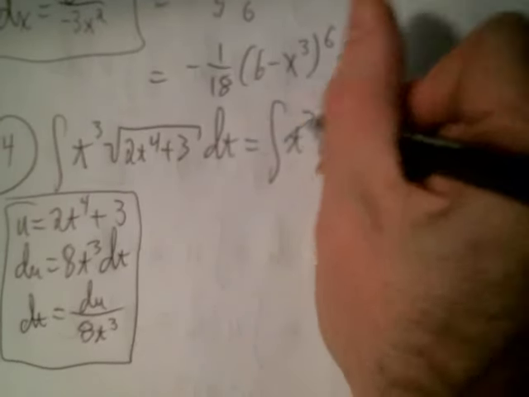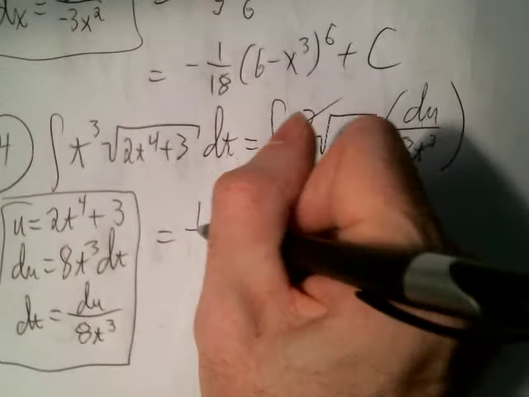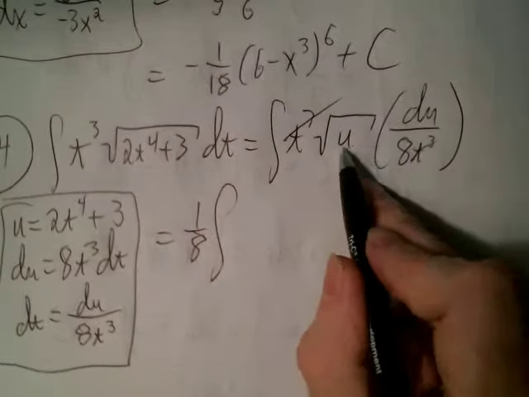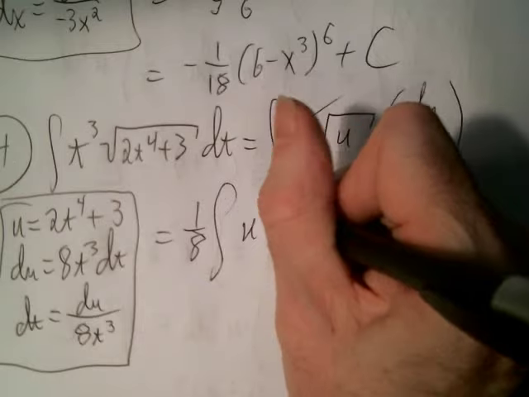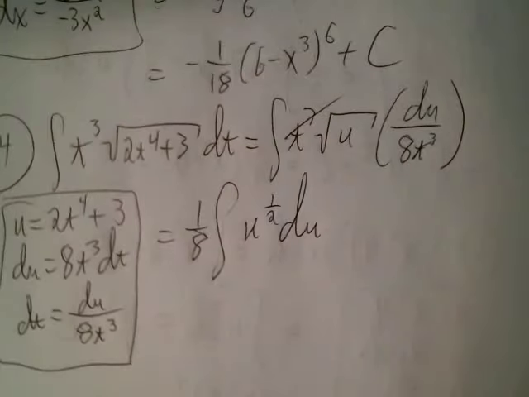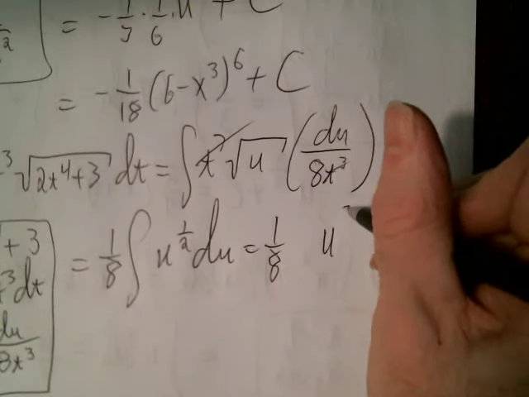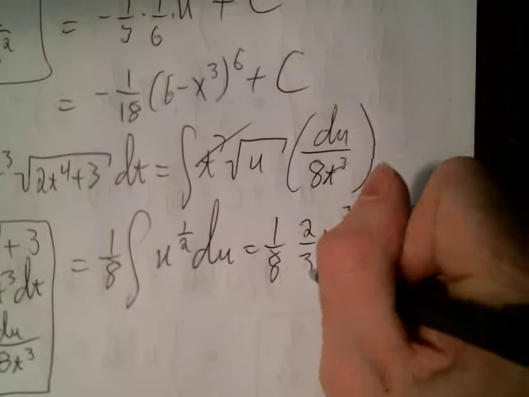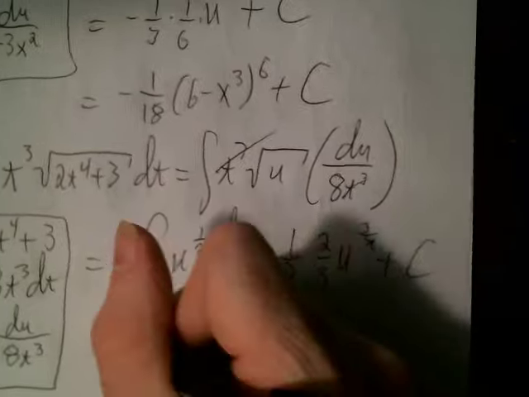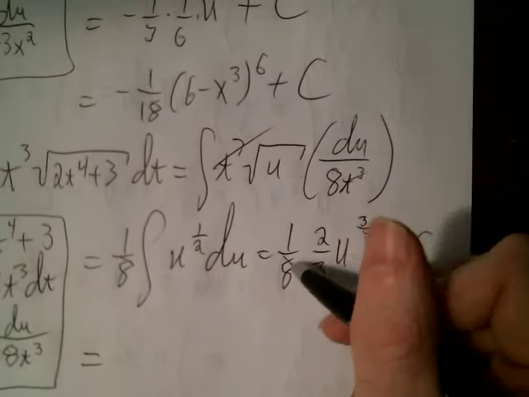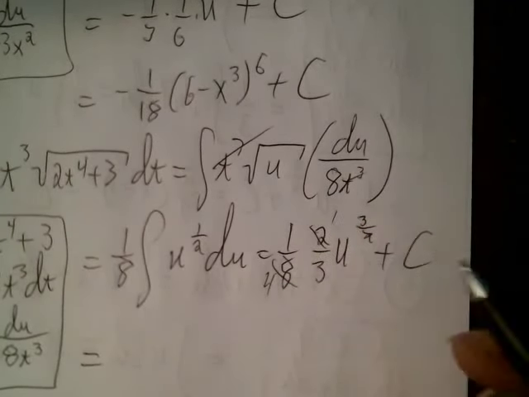So the t cubes will cancel out. I have a constant of 1/8. Square root of u is the same as u to the 1/2 du. So this will be 1/8 times u now to the 3/2 times 2/3 plus c. So 2 over 8 is the same as 1 over 4.